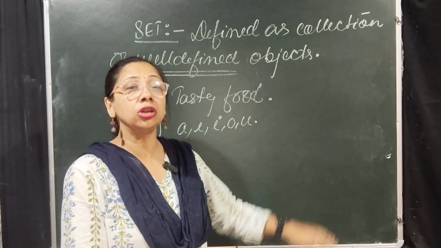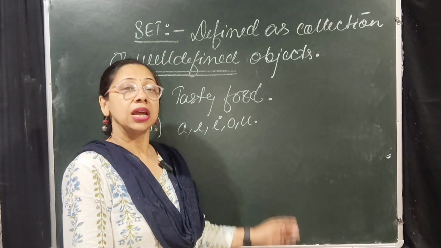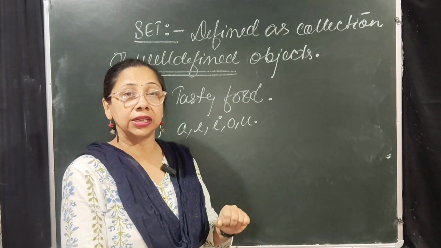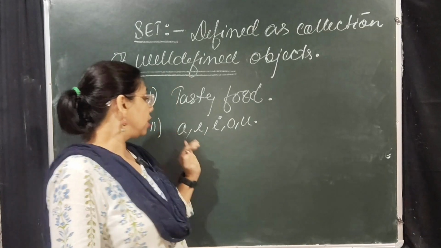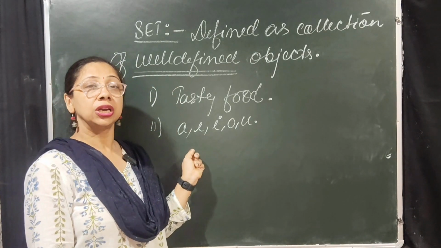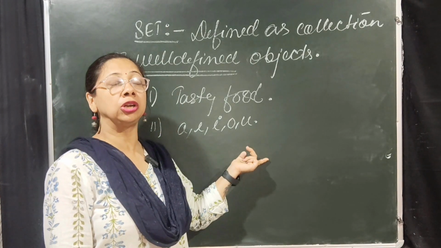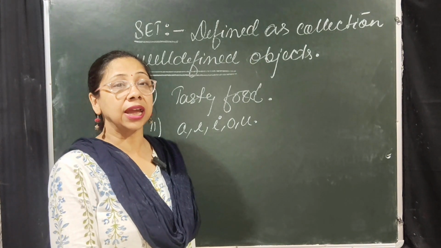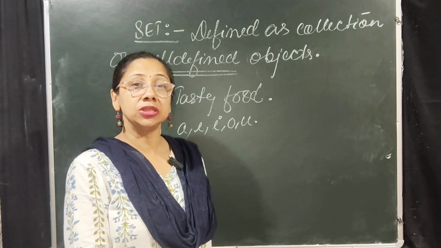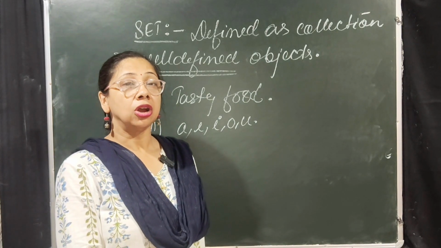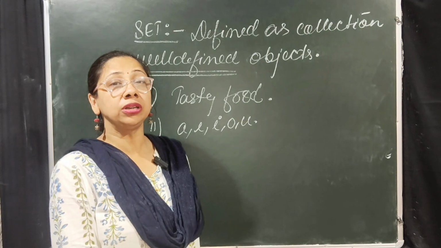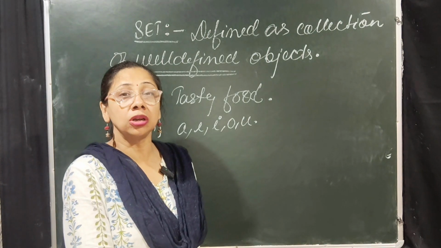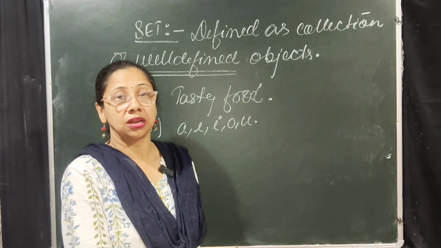The first one is based on qualitative characteristics and the second one is based on distinct and well-defined characteristics. Each item in this particular group is well-defined. So we can say that a set can explain those items which are well-defined or distinctly countable. A set cannot define items which are based on qualitative characteristics.